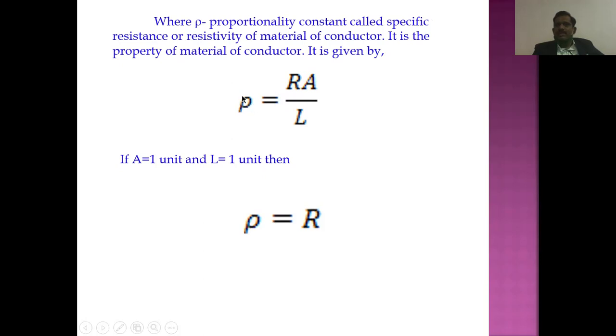We know that resistance is measured in ohm, area of cross section is measured in meter square or centimeter square, and L, the length of the wire, is measured in meter.